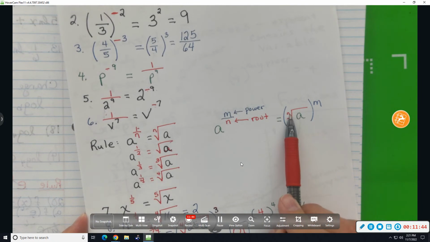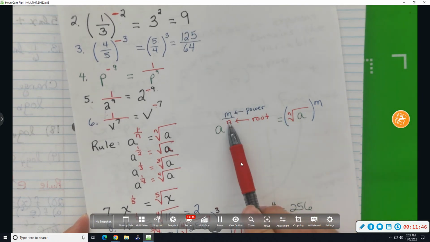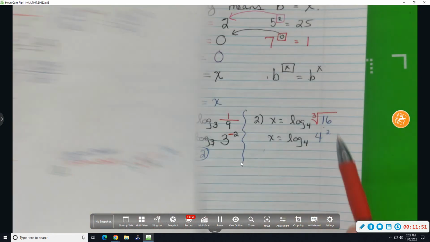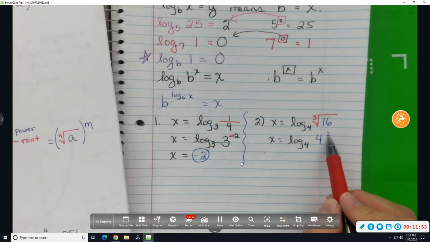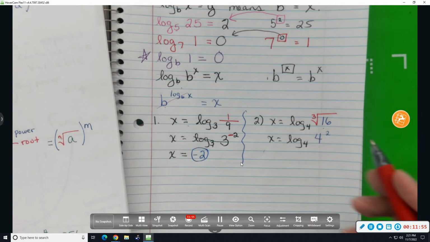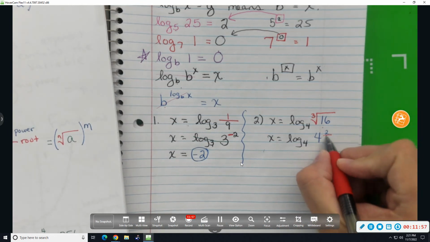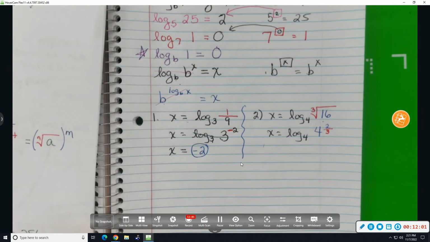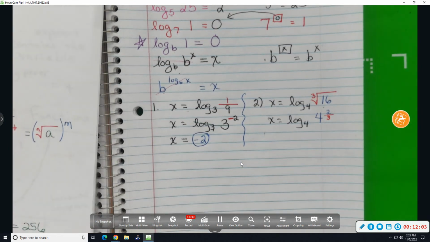The root is the denominator. The top number is the power. So we have a 4 squared. 2 is the power. The root is that denominator. That's a 4 to the 2/3.